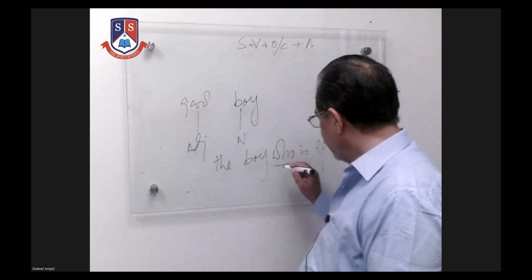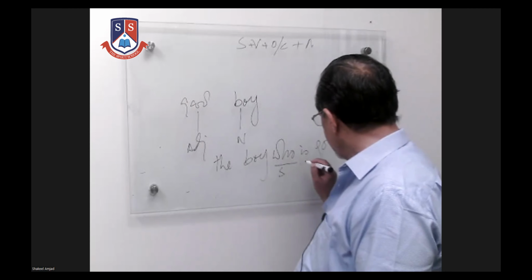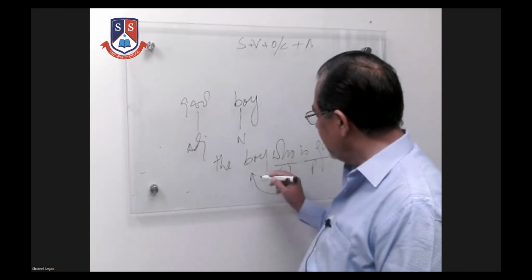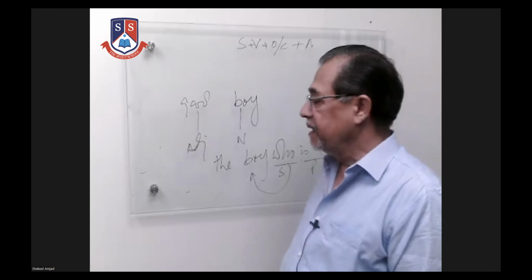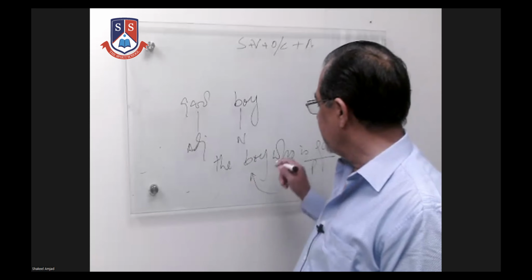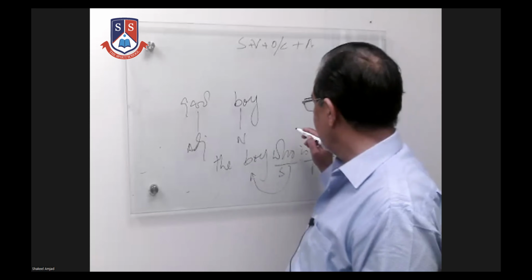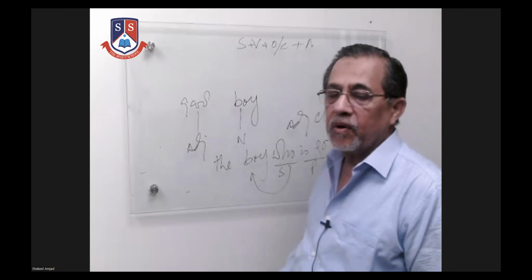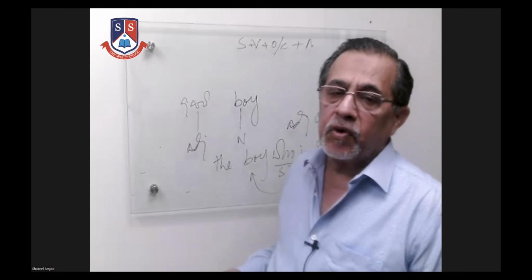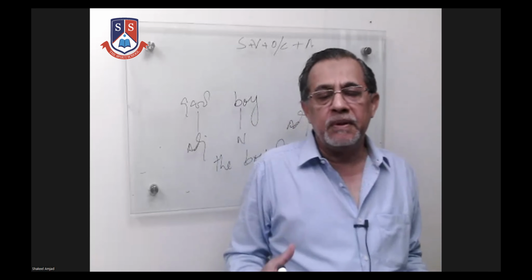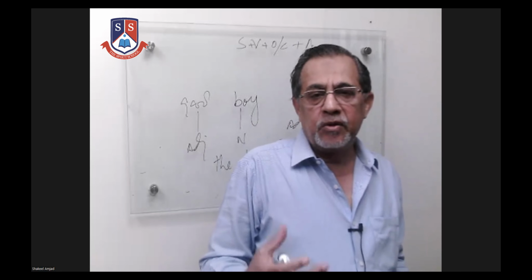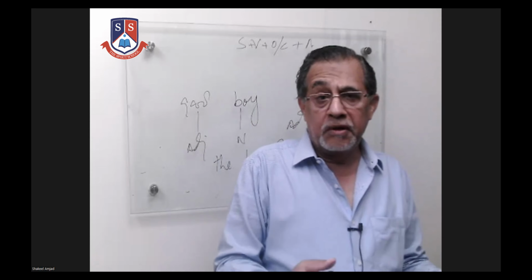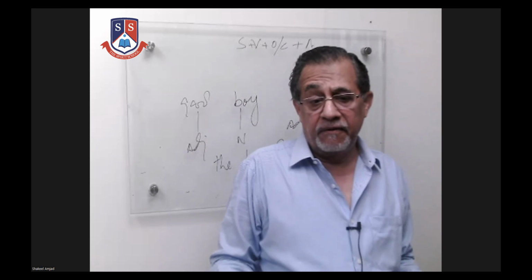Now, who is the subject, is good is the predicate, and it relates to the noun before it, which is boy. So it has become an adjective clause. An adjective clause appears in a sentence right after a noun. Do not misplace it from the noun.